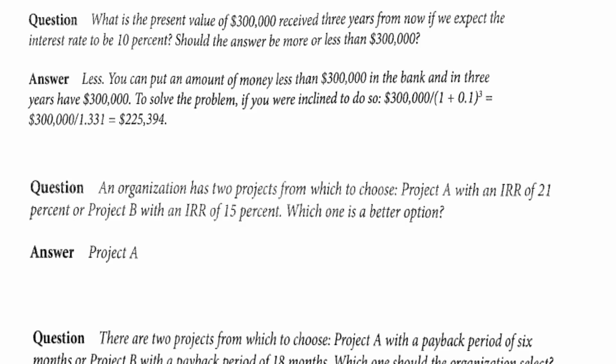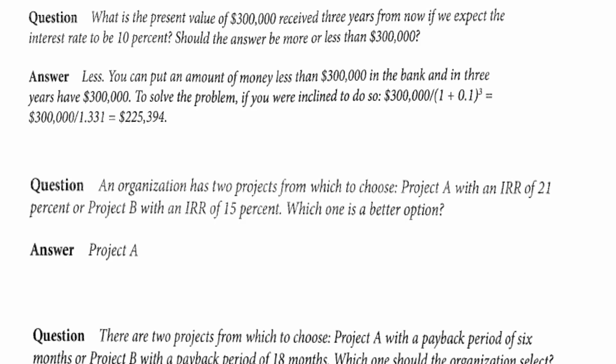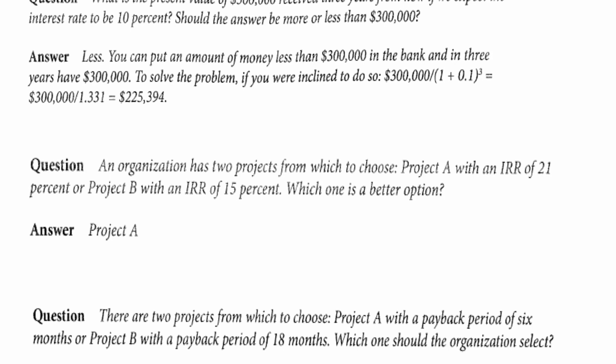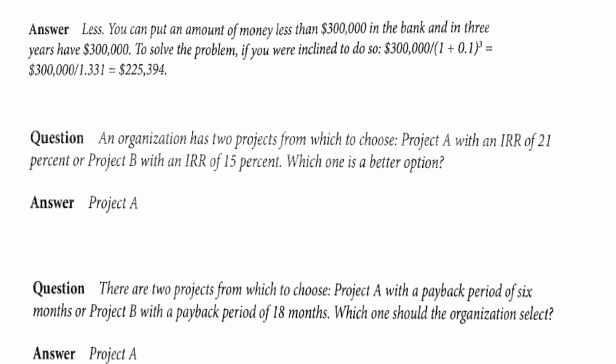So present value is future value divided by (1 plus R) raised to power N. And if you see, the calculations have also been done, and we get $225,394 as an answer.